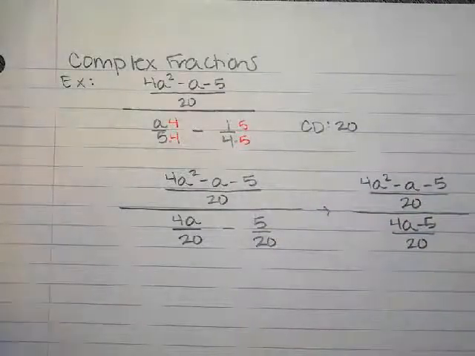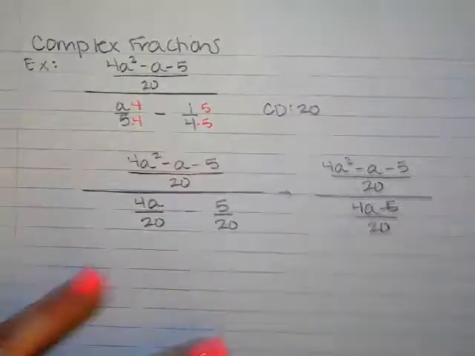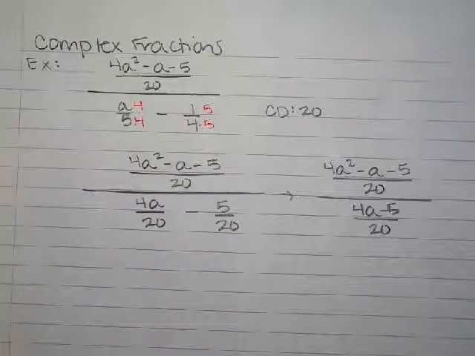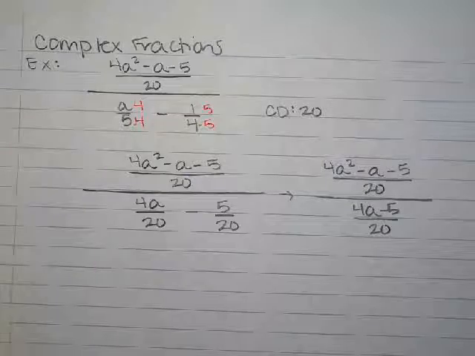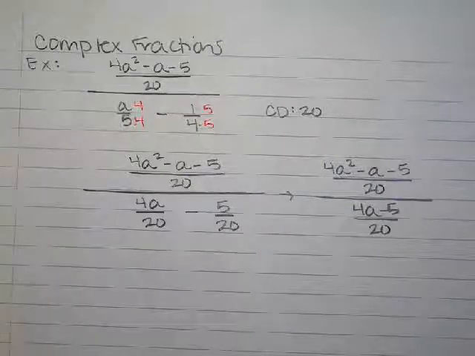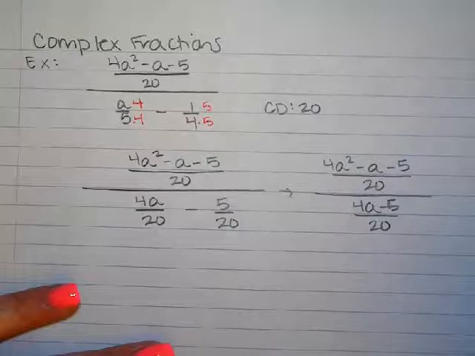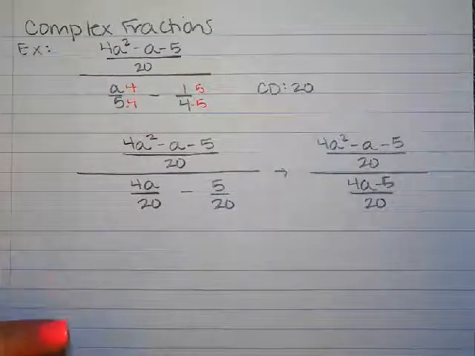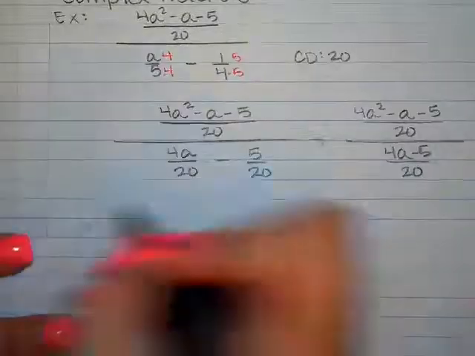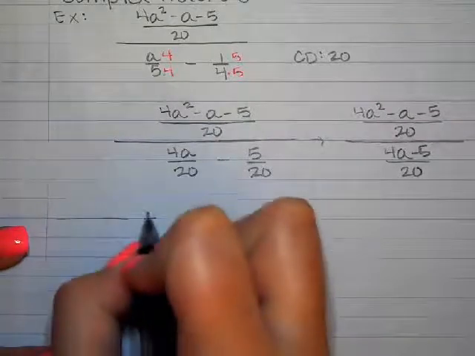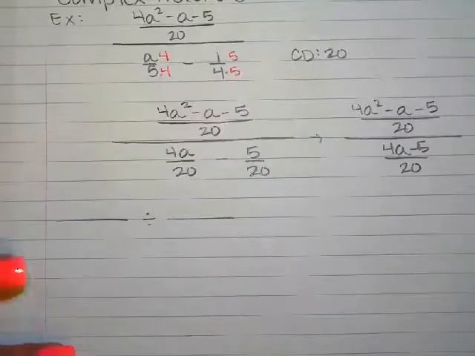Okay, so now at this point, it's kind of transitioned into a problem like what I've seen before. It's a fraction divided by a fraction. And we don't typically have it written like that, right? We're used to seeing a fraction divided by a fraction written like this.